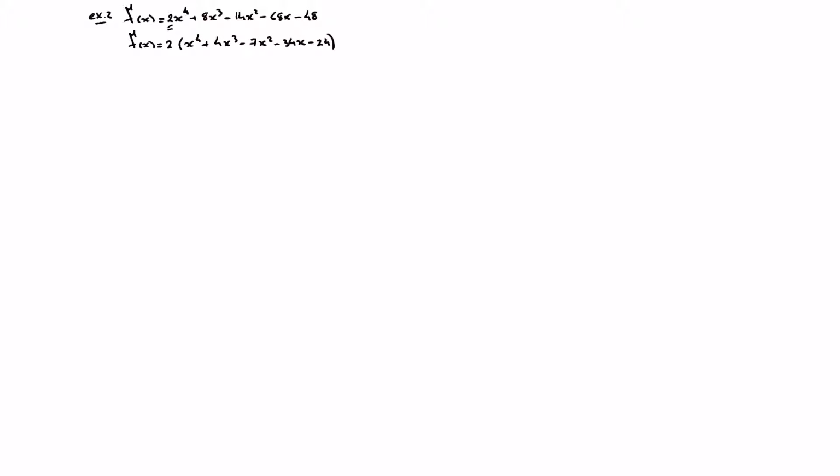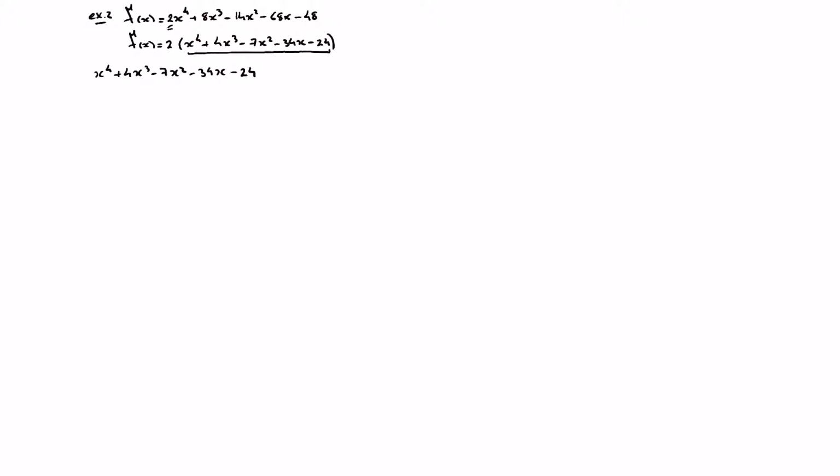And we now focus on the polynomial inside these parentheses, since it has the same roots as f of x and is a little simpler. So that's x to the power of 4 plus 4x cubed minus 7x squared minus 34x minus 24.